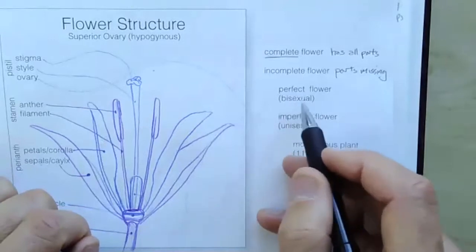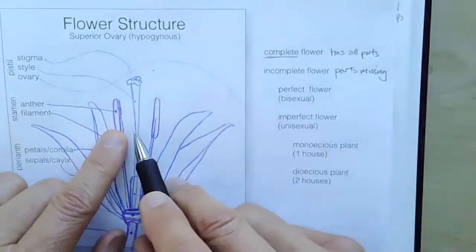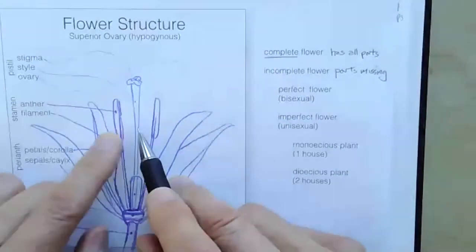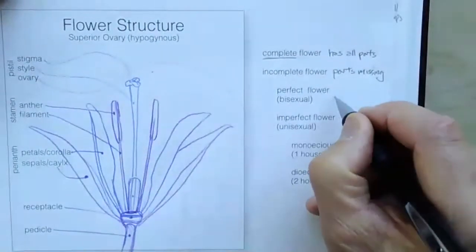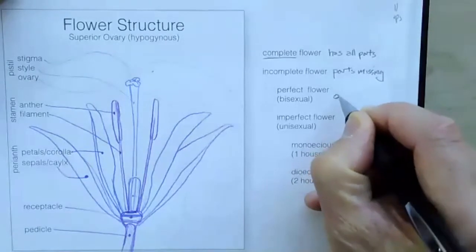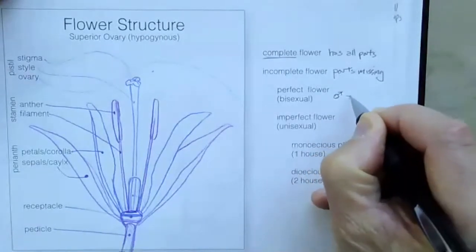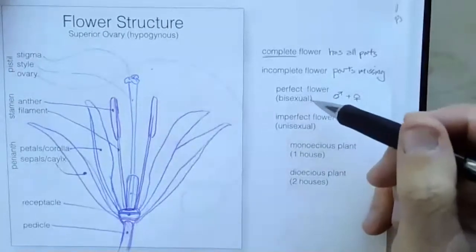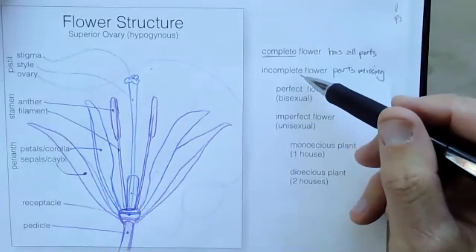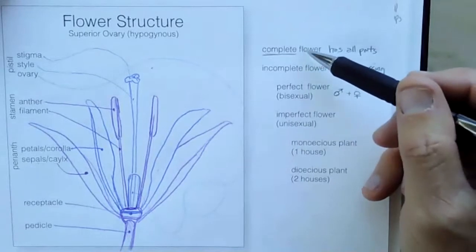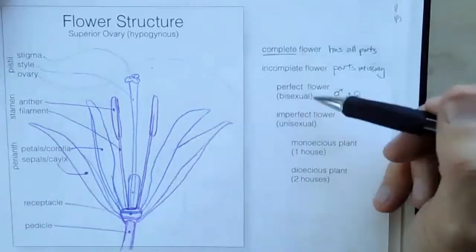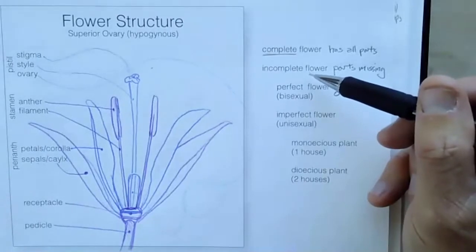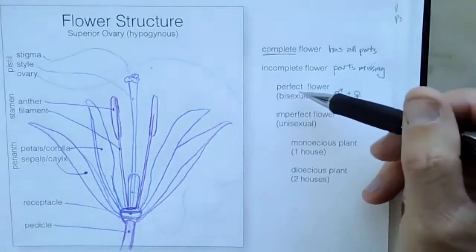So perfect flowers are ones with a stamen and a pistil, so it has the male and the female parts. That's referred to as a perfect flower, and that's a subcategory of incomplete flowers. Of course, a complete flower has them both. But an incomplete flower may be just missing something like the petals, in which case it is still a perfect flower.